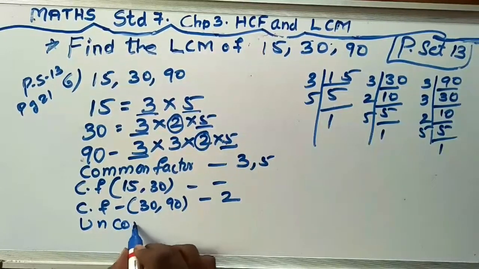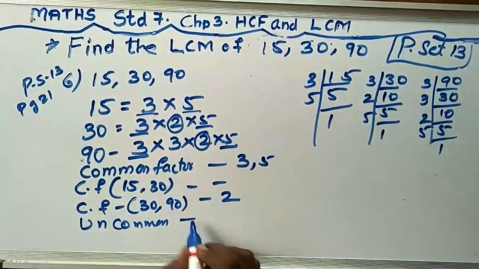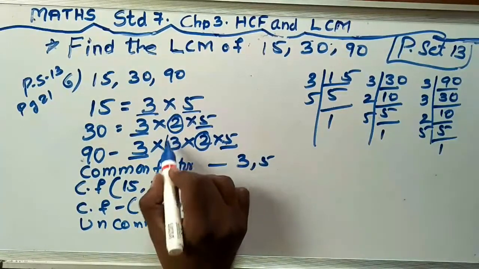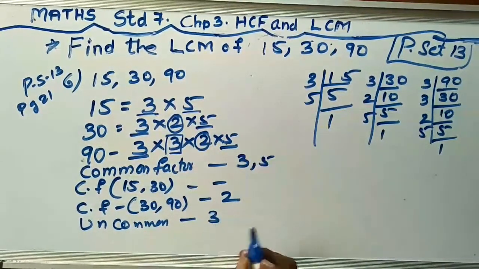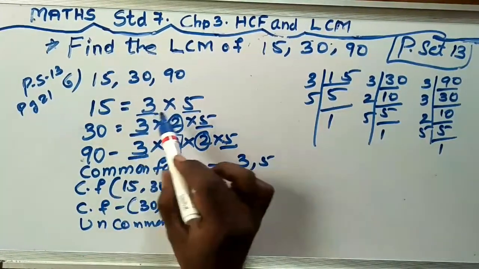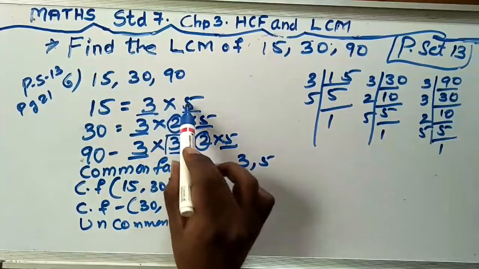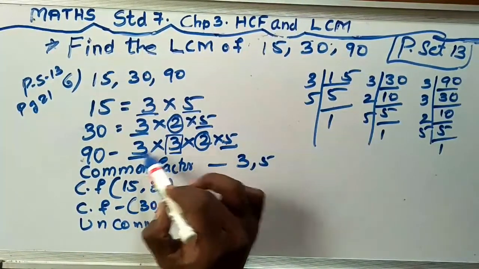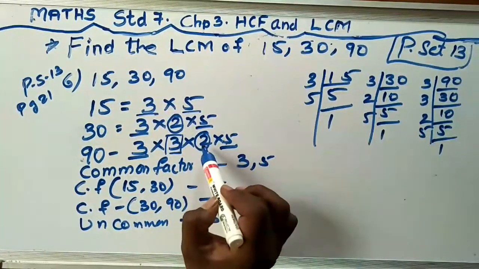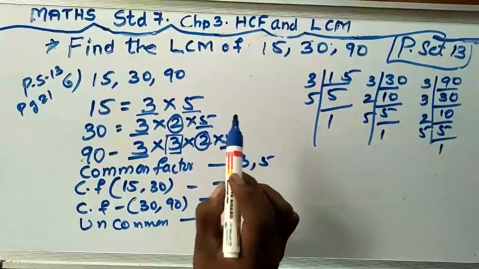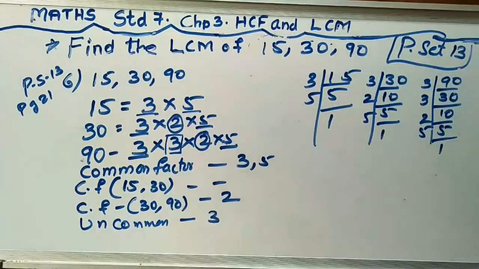So uncommon factor, only 3 is remaining here. Once again, for 15 and 30, nothing is common because 3 and 5 are already used up in all the three. Then 30 and 90, there is only one common factor, that is 2. Then again 15 and 90, no common. Uncommon is only 3.